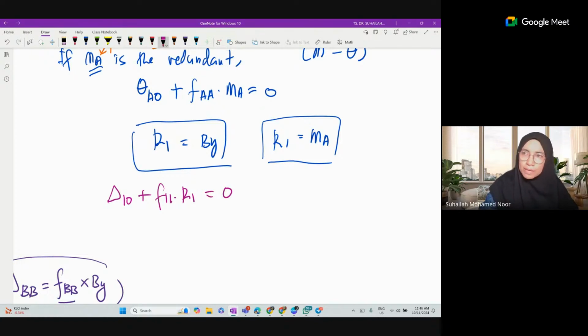Because of the moment we use theta, not delta. 1 refers to position number 1: theta 1 naught plus F11 times R1 equals 0. Same equation. And normally when we solve the problem later on, instead of using R1 in the equation, I choose to use the real name of the redundant so that we do not get confused about the displacement.